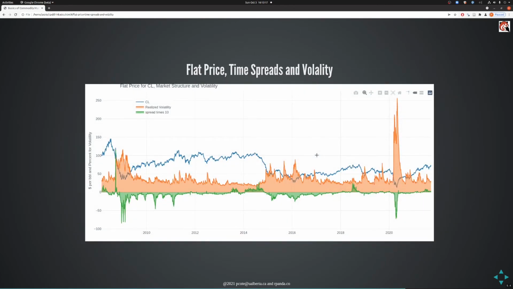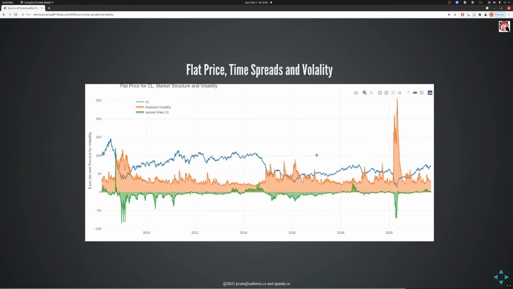Now, putting it all together in one chart, what we see is the level of volatility, realized volatility, in orange, the time spread, so the C1, C2, in green, and the price of the commodity, in this case, in blue.